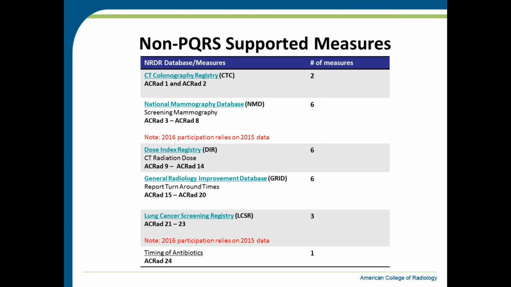Just very important, if any of your clients are signed up for the National Mammography Database, in order to be successful for 2016 PQRS reporting, they have to give us data for 2015, because of how the measures are written: there has to be a 12-month follow-up to determine if cancer was detected, or to determine if their diagnosis was correct, or if something went from benign to actual cancer. And the same is true for the lung cancer screening registry, so just keep those data requirements in mind.